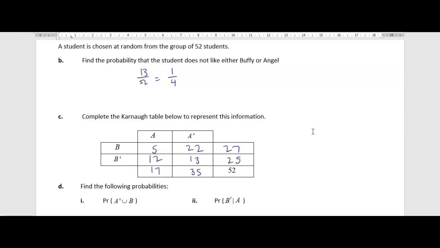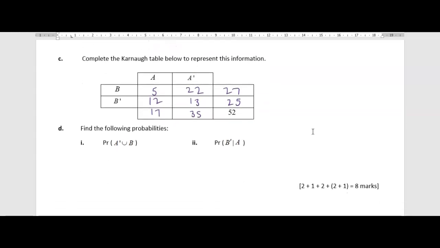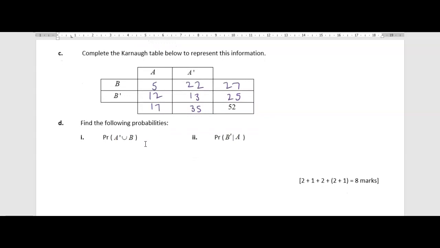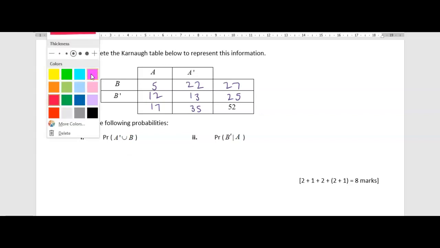Question D, find the probabilities of, so this is not A or B. This is probably going to help if I highlight it, so I might do it in green.